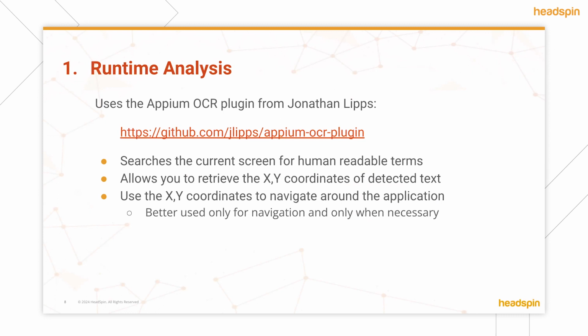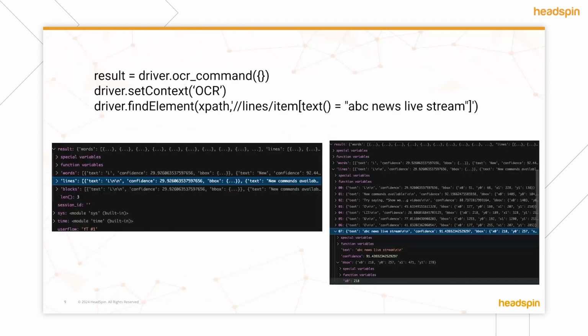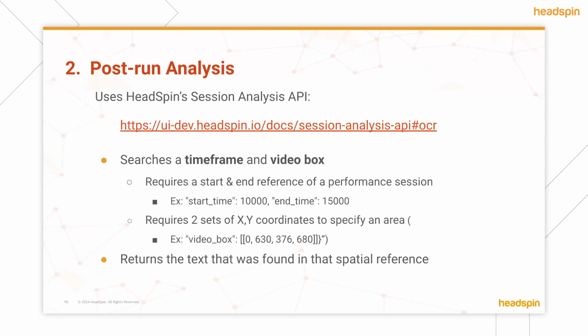I will double check that one, but I don't believe this will work on desktop browsers. But everything else that I went over here today does use just an API request. So there's no additional setup or anything that you need. You just need to make sure that you have the right parameters for the request.